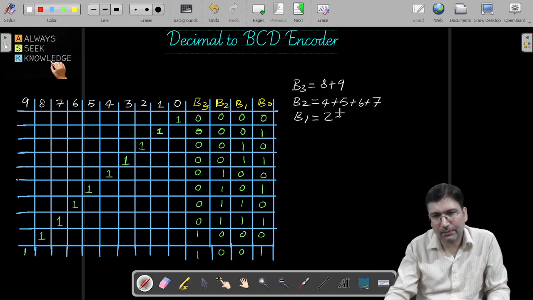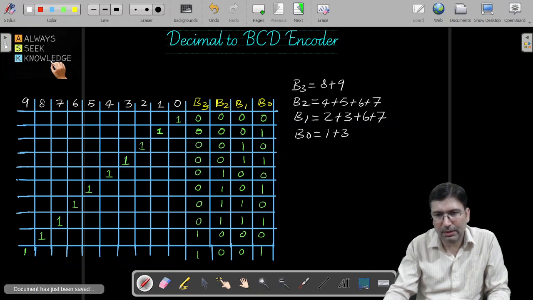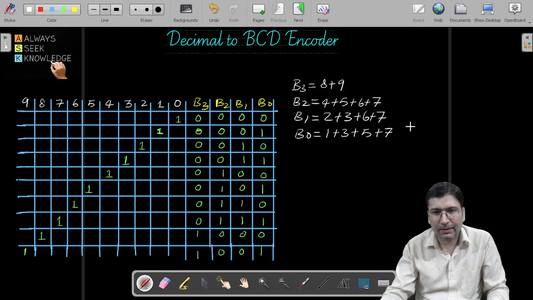And B0 is high alternately, so it is 1 or 3 or 5 or 7, and the last one is 9.